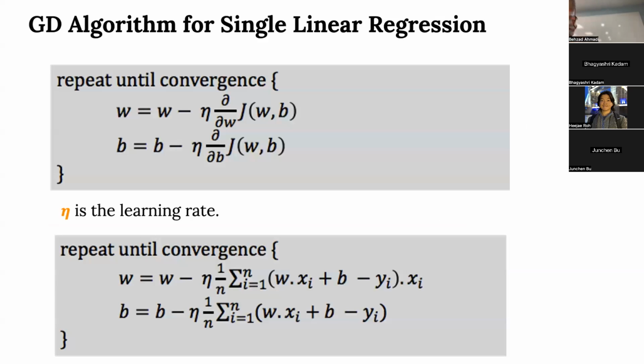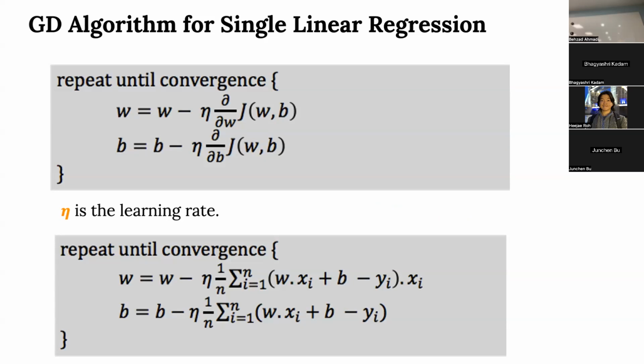Until convergence. What you see in the bottom part is the derivative of J with respect to W. You see it becomes 2 times this guy times X, because with respect to W, this becomes a coefficient. Remember that? So this is the derivative of J with respect to W, and this is the derivative of J with respect to B. That's why these two are different.